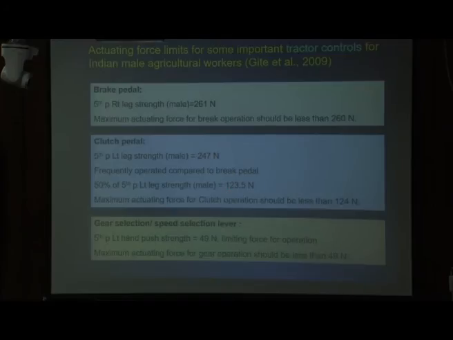So it is coming 123.5 Newton. As the clutch is operated frequently, 5th percentile leg strength data is 247, out of that only 50% we will consider. So that is coming 123.5 Newton. So the maximum actuating force for clutch operation should be less than 124 Newton.